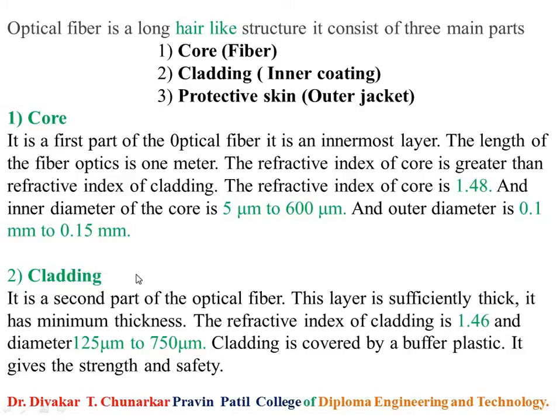Second point, cladding. The cladding keeps the light waves within the core because the refractive index of the cladding material is less than that of the core. Cladding acts like a reflector and keeps the light within the core based on total internal reflection. The cladding also provides some strength to the core.